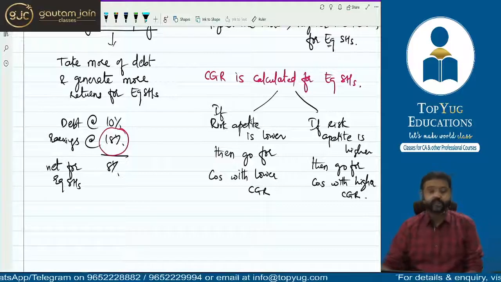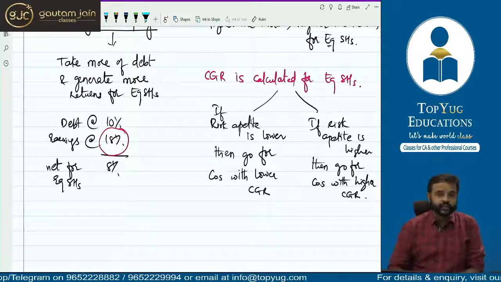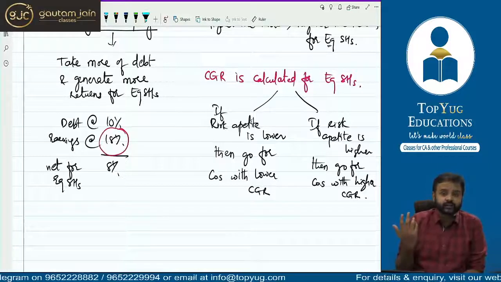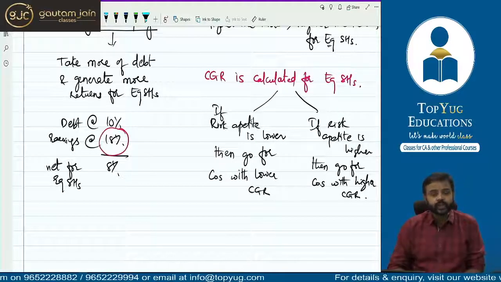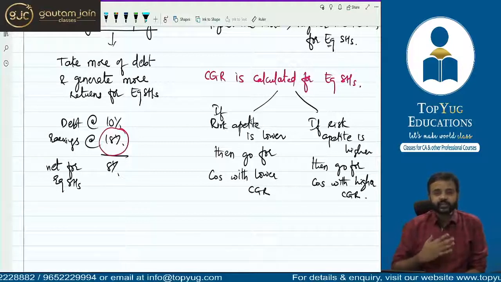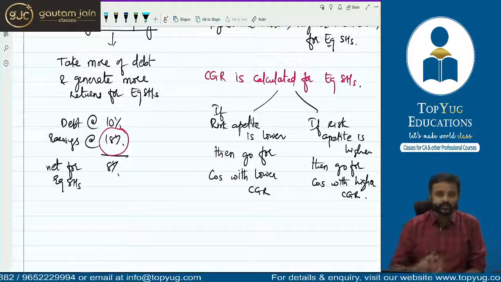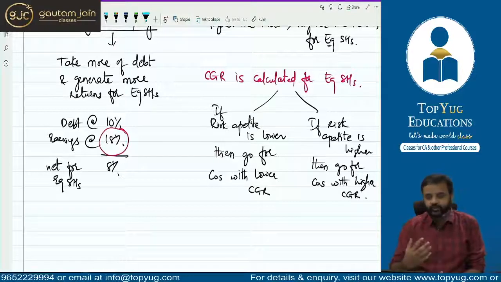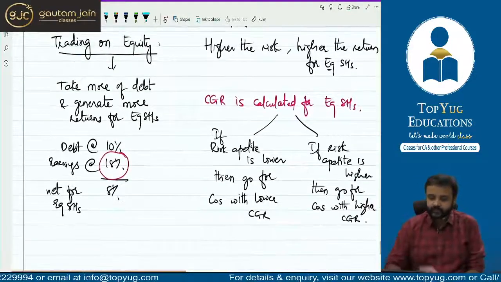So we cannot say that always go for lower capital gearing ratio, because if he has a higher risk appetite, he can go for a company with a higher capital gearing ratio also, isn't it? So based on the investor's risk appetite, he'll have to decide which company to invest in, with a lower one or with a higher one, right?